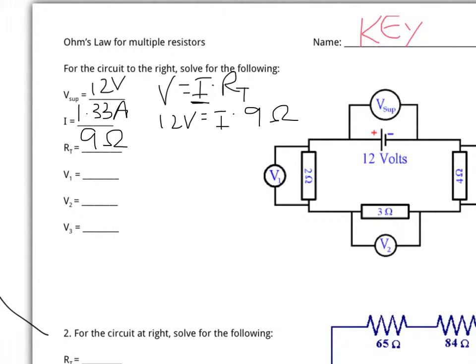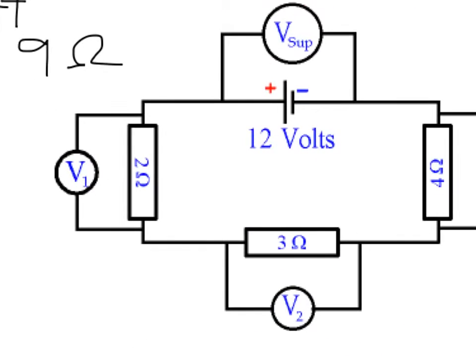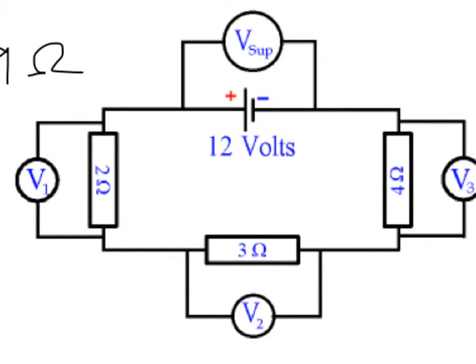Those 1.33 amps are the same throughout the entire circuit. Again, we'll take a look at this more closely. If you are supplying 1.33 amps of current out of your battery, that 1.33 is consistent throughout. It does not increase or decrease when it encounters resistors or bare wire. It's like a train that travels at the same speed throughout.